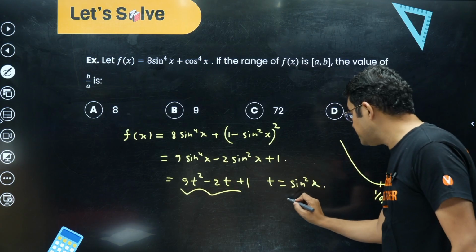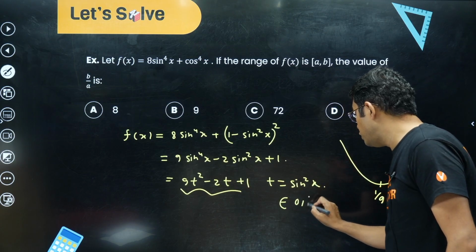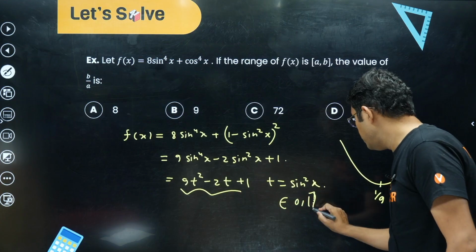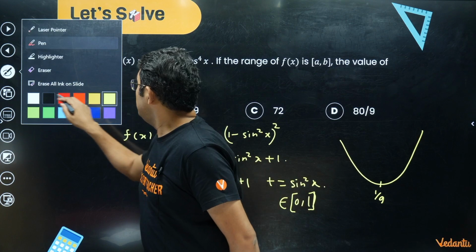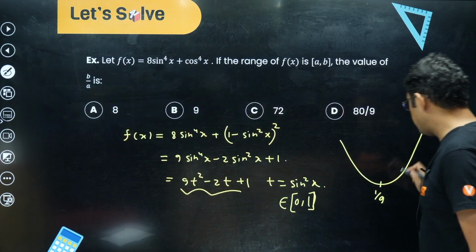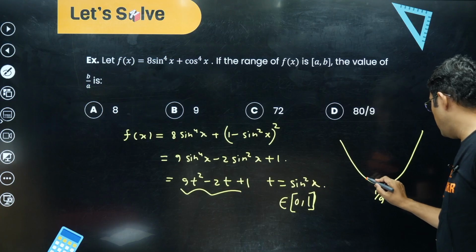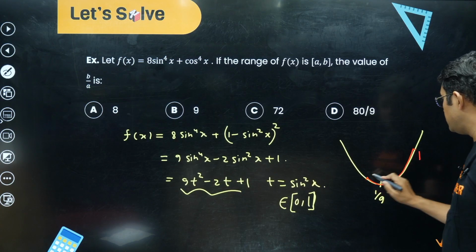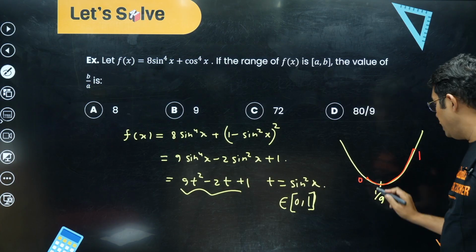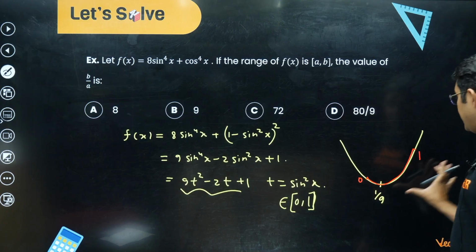Now sine square x, as you know, ranges from 0 to 1. If it is 0 to 1, you can see this interval 0 to 1 for this graph, and this graph is actually symmetrical about this 1 by 9. So 0 is closer, 1 is farther.